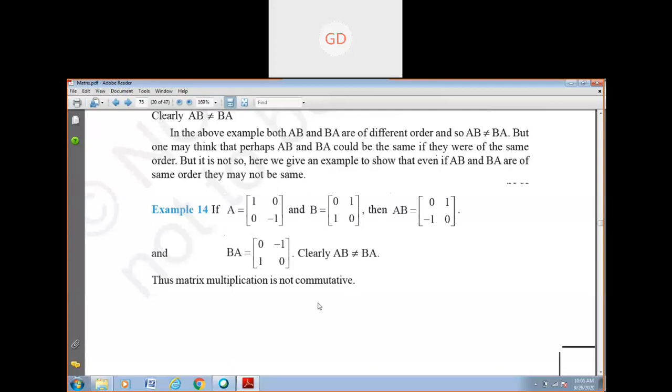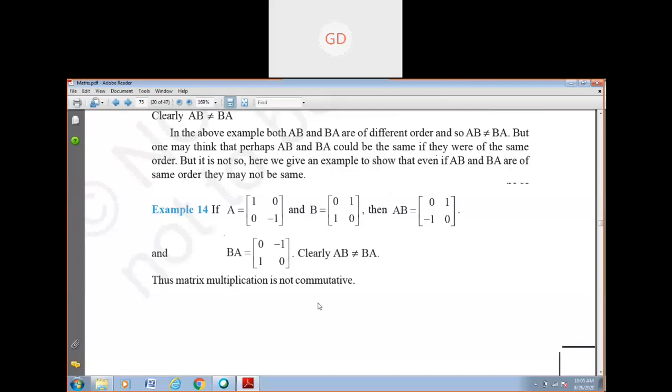You can consider any two matrices where the number of columns of the first is equal to the number of rows of the second, and check. Consider small orders at first, like 2 by 2, 2 by 3, 3 by 2, to reduce your confusion about the order of multiplication. Multiply AB, and then reverse, multiply BA, and check whether they are equal or not.